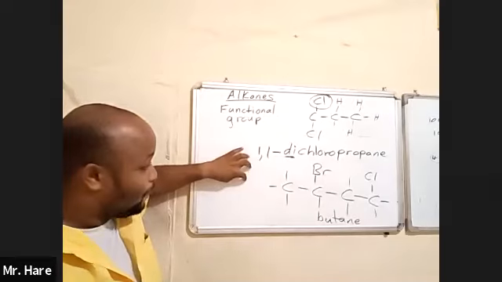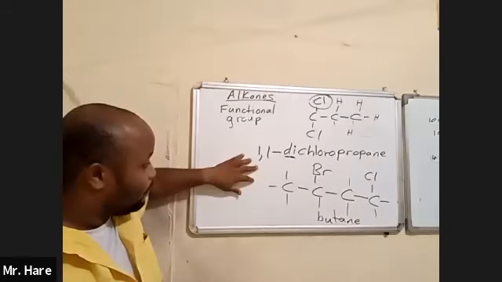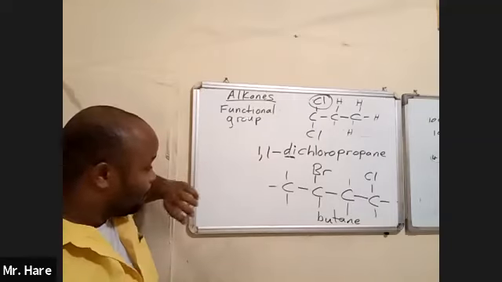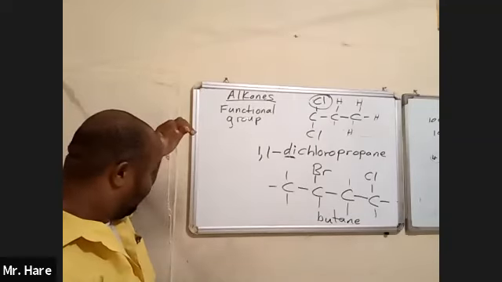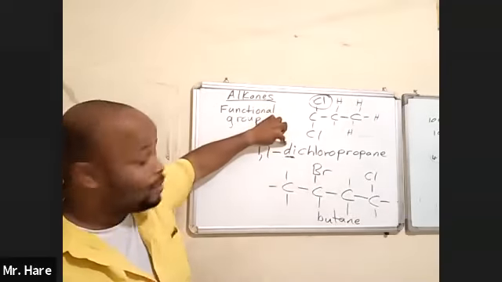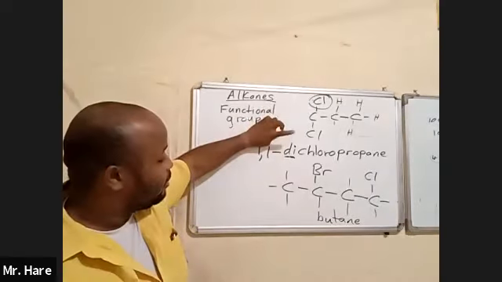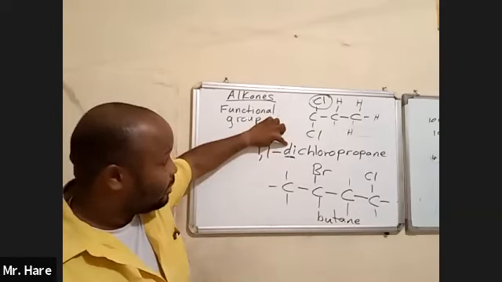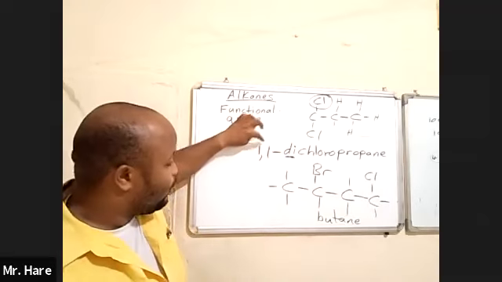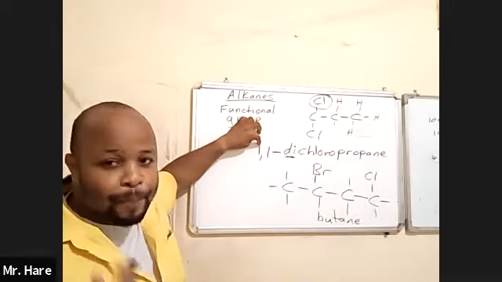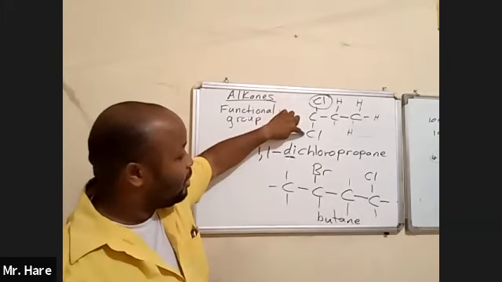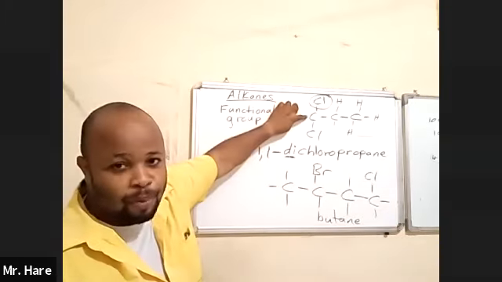The one that says dichloropropane, I think it would be 1, then 2, because it states that there are 2 chlorine. No. The di, listen carefully. The di tells you the amount of chlorine present. The number tells you the position. In this case, both chlorine are attached to carbon number 1.